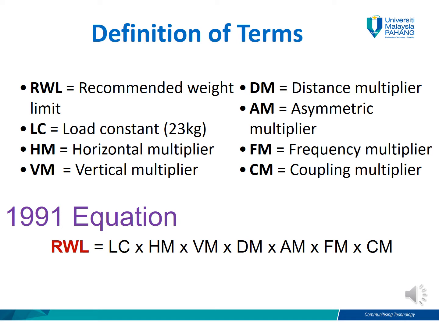To obtain the value of the recommended weight limit, the assessor needs to identify each parameter stated in this slide, and by knowing the value of each multiplier, I will teach you how to obtain those values so that the RWL can be obtained.